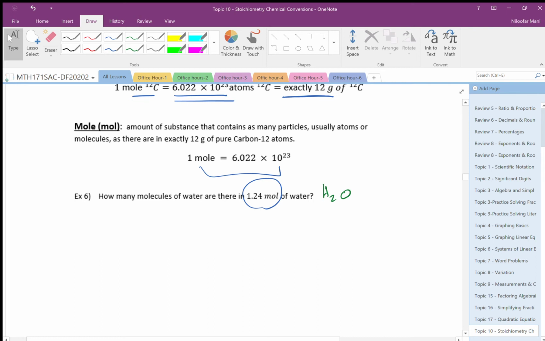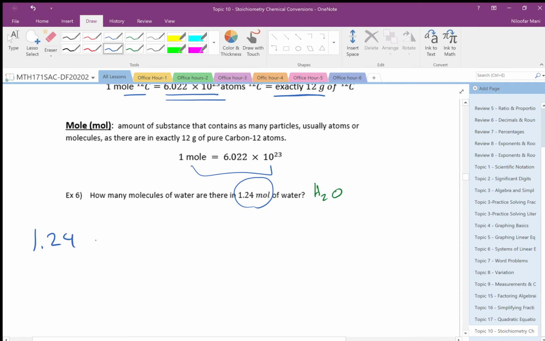I also asked one of your teachers to help me here. So here we focus on math, as I said. How many molecules of water are there in this many moles? I want to go from 1.24 mole to number of molecules. I want to cancel mole and bring in molecules.